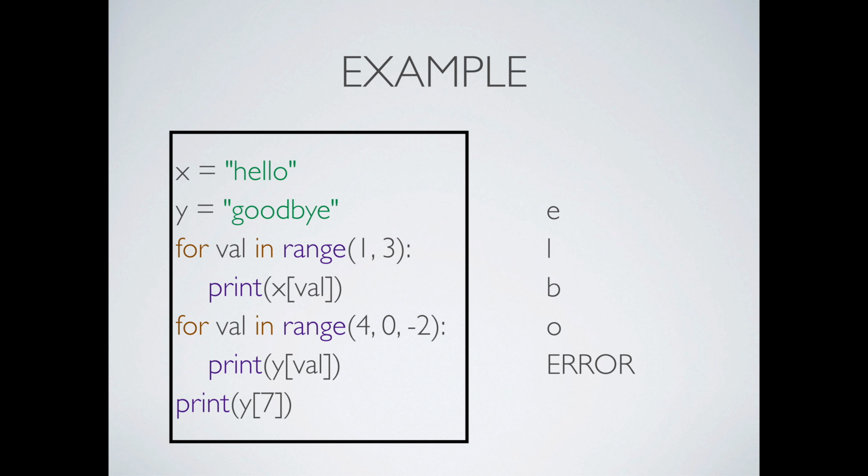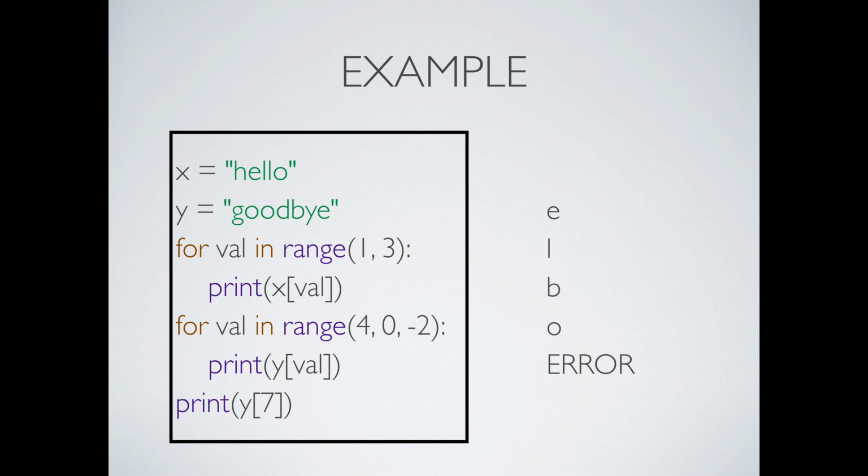That in range 1, 3 means that the variable val is going to get the values 1 and 2. So the first time we do the loop, we are going to print x at index 1. X is hello. The character at index 1 in hello is E, because remember H is at index 0, so E is at index 1. Next time around, we're going to get that L, because that is the character at index 2.